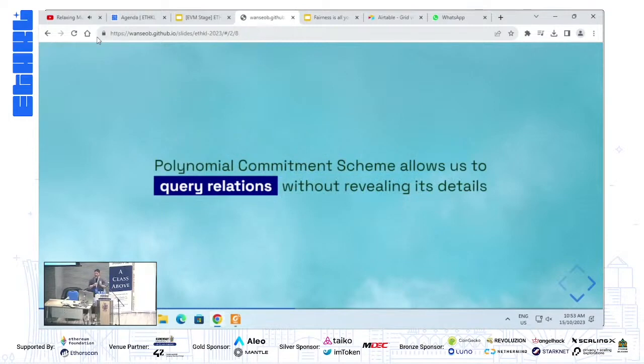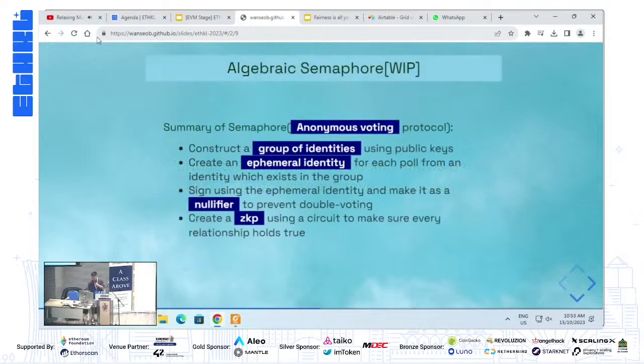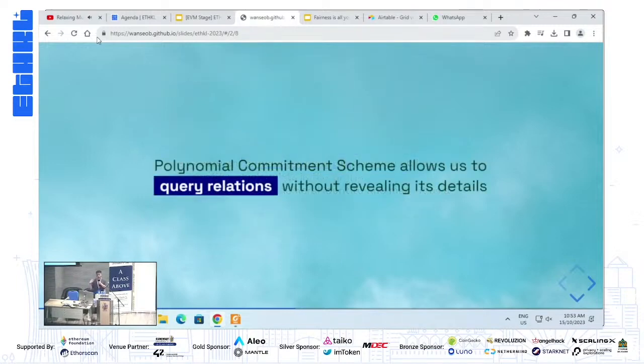So the takeaway is that the polynomial commitment scheme allows us to create some relationship without revealing its details. What this implies is that we can build special types of polynomial identities for some primitives, for example this rate limiting nullifier, because we can achieve the same thing using only these polynomial identities without writing a ZK program.